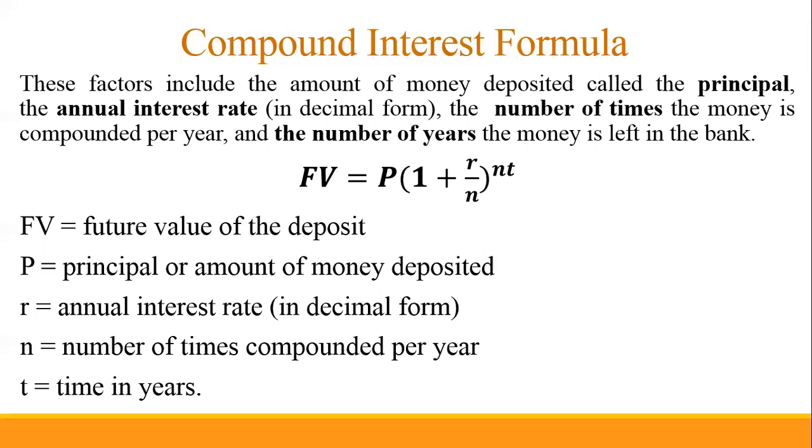If we are solving for the time, which is t, then we will need to use logarithms, because the compound interest formula is an exponential equation, and solving exponential equations with different bases requires the use of logarithms. For example, if time is what we are looking for.